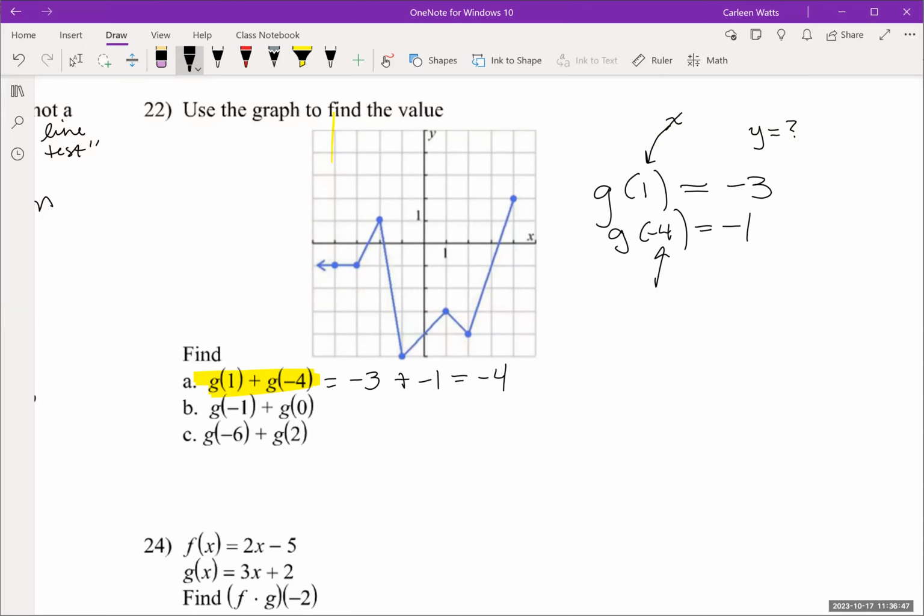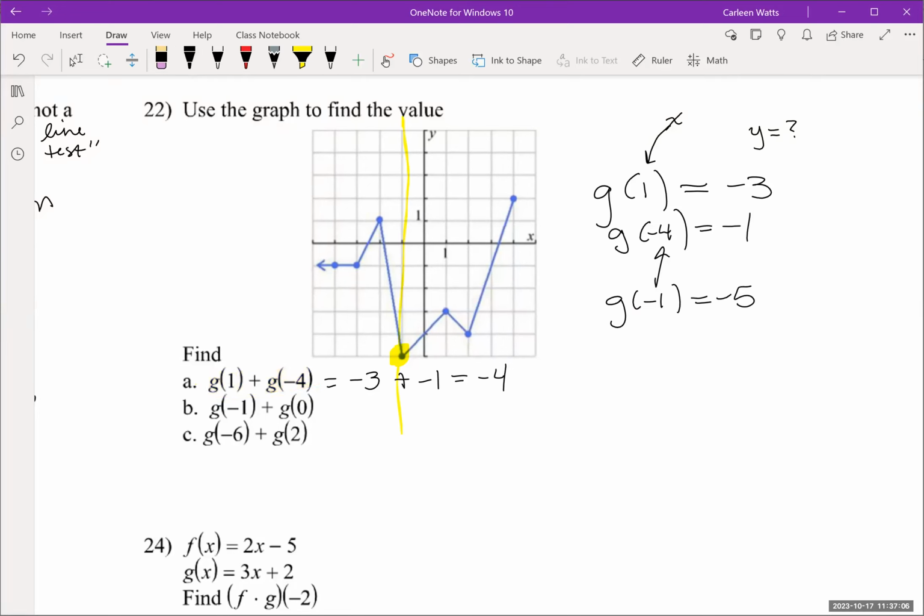Okay, what's G of -1? Here's -1. Here it is. So G of -1 is -5.